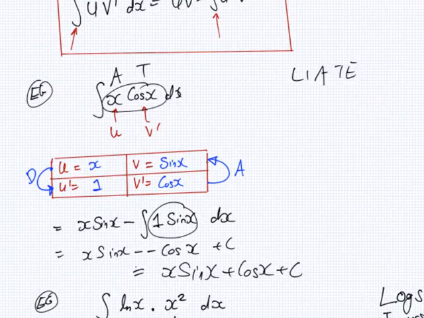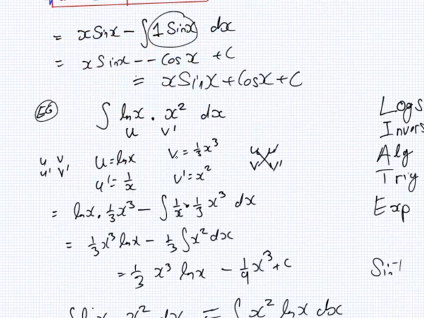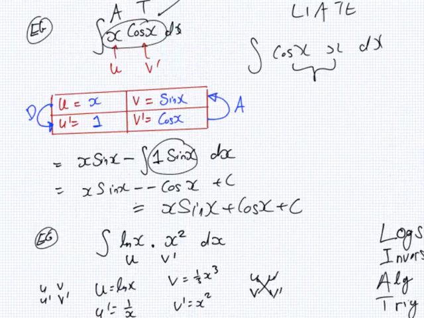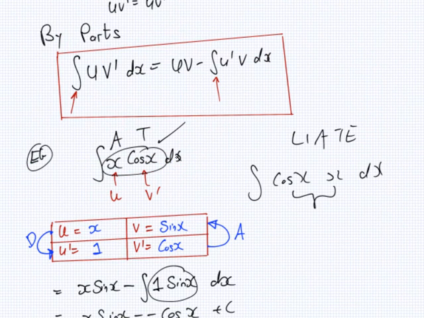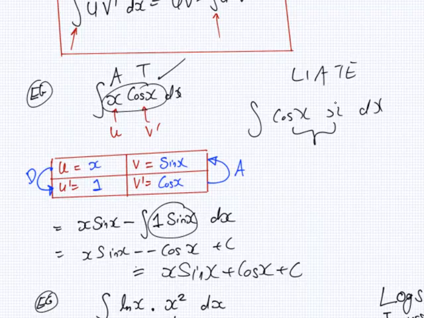So if you've got a problem like this, x cos x dx, you should swap these at the start. It makes it easier to do. Which is easier to integrate? I suppose this is the reason: the easier function to integrate goes first.